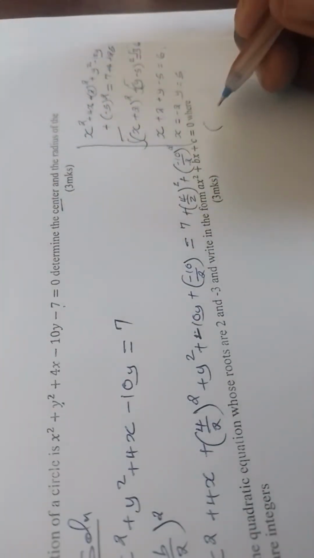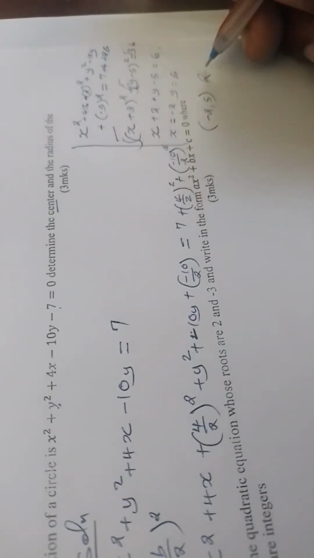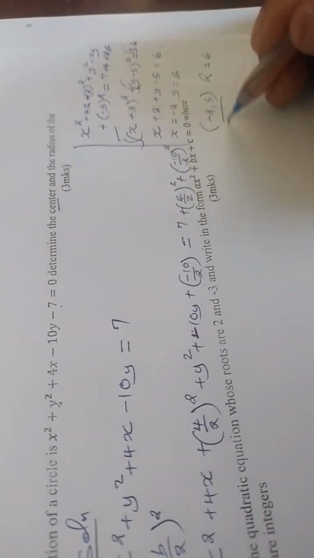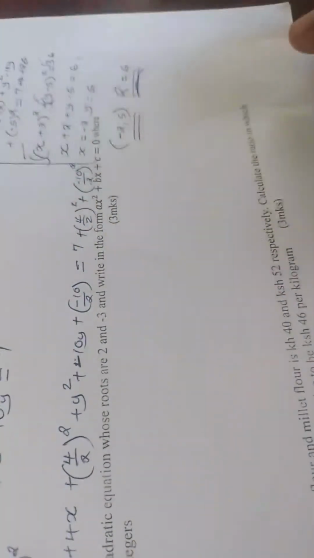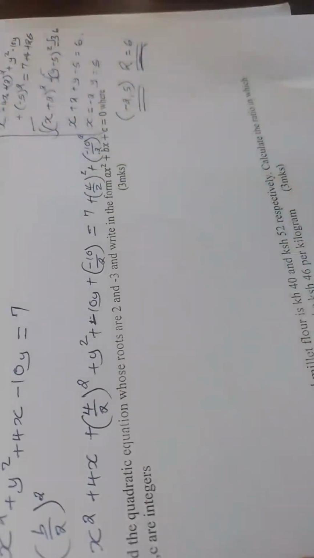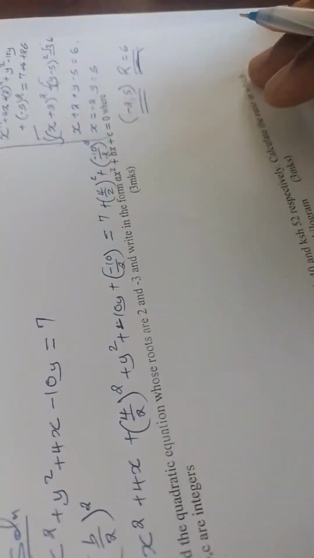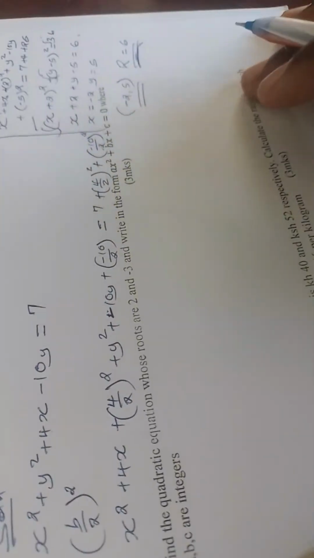So the center will be negative 2, 5. Radius will be 6. So the center is negative 2, 5. The radius is 6. So you can look at that question.